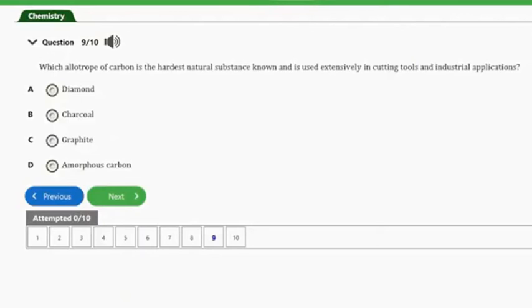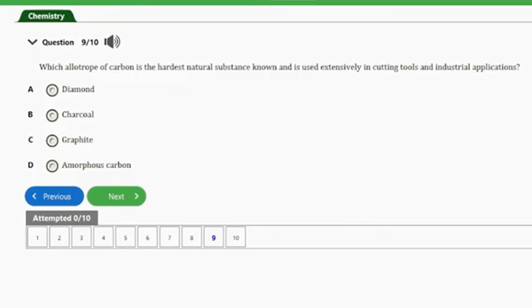Question number 9. It says, which allotrope of carbon is the hardest natural substance known and is used extensively in cutting tools and industrial applications? A, diamond, B, charcoal, C, graphite, D, amorphous carbon.